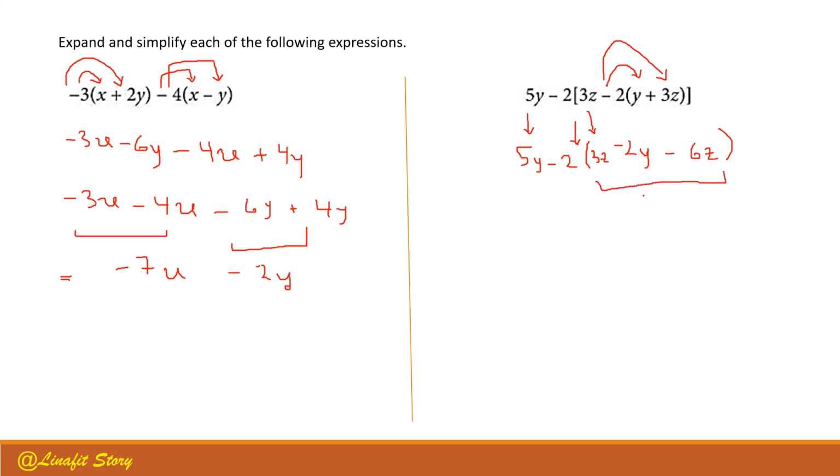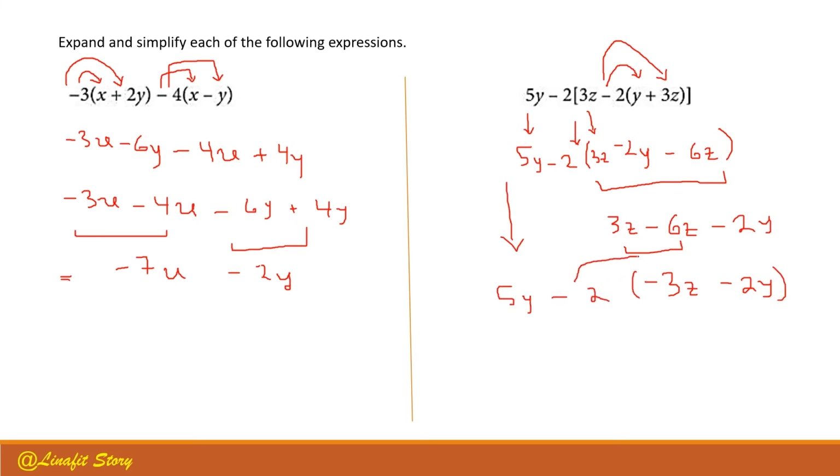Rearrange this expression. So 3z minus 6z minus 2y. 3z minus 6z is negative 3z minus 2y. So 5y minus 2 open bracket negative 3z minus 2y. Negative 2 times negative 3z is positive 6z.